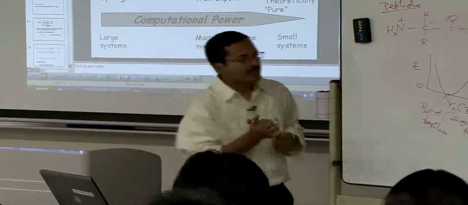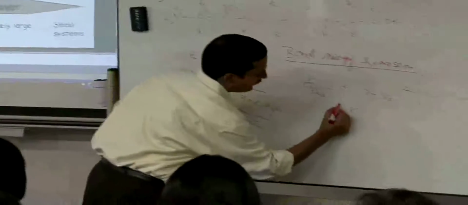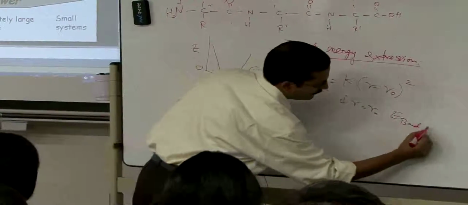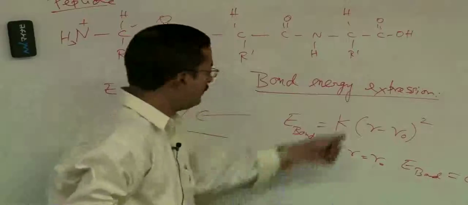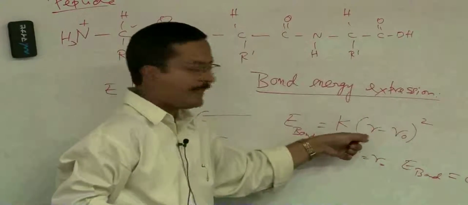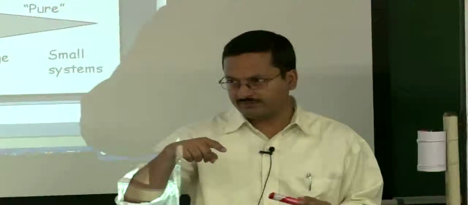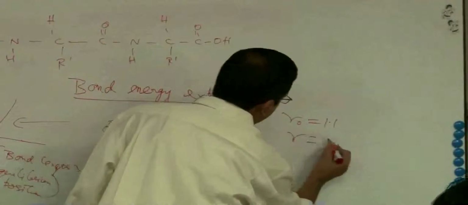So, if R equals R 0, your E bond will of course be 0, right. You put R 0 here, it will be 0, but whenever you put something other than R 0, it will always be positive, it is a square. For example, R 0 is 1.1, I put R at 1.2.